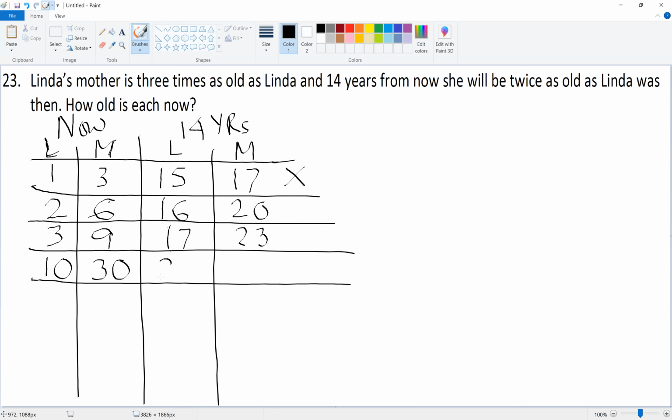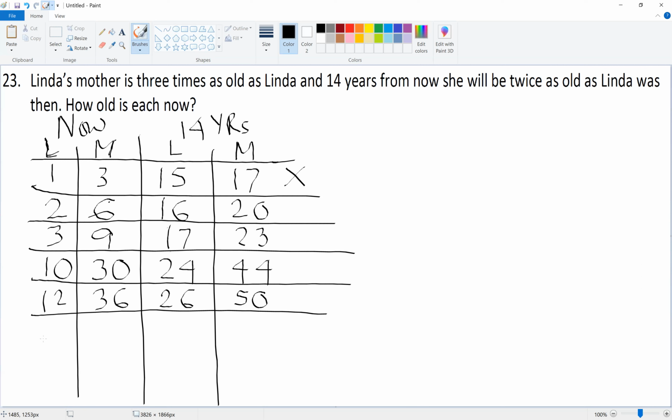So 10 would be 24. 24 and then 44, so we're almost there. So let's do 12, and let's see, 36. 26 and 50.